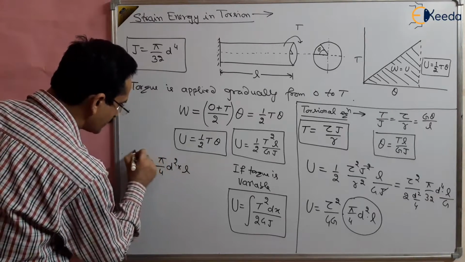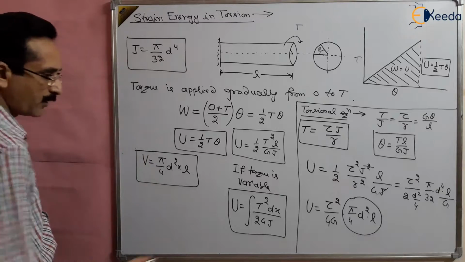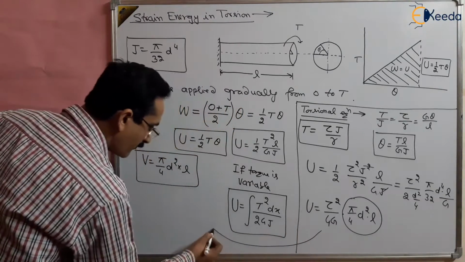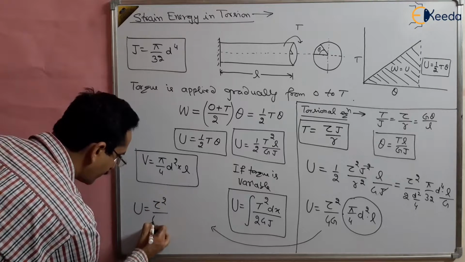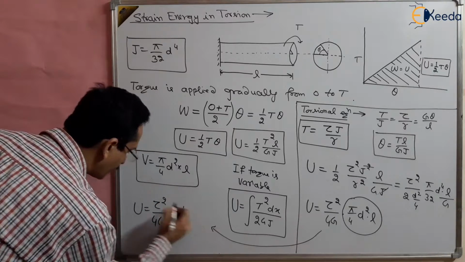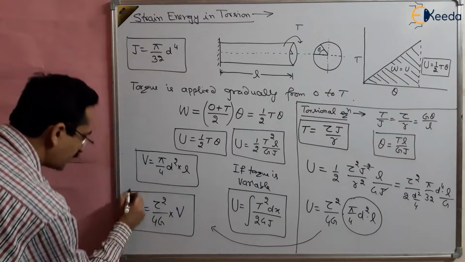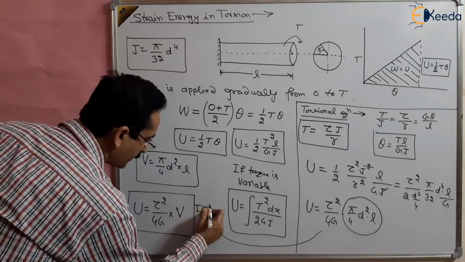This is the volume of this shaft, area multiplied by length. So from here we can write U, the strain energy stored, as tau square by 4G multiplied by the volume of the shaft. So this is the strain energy stored in the material.